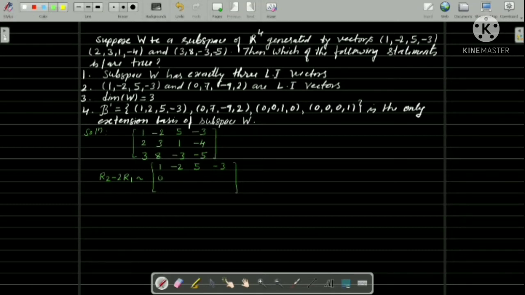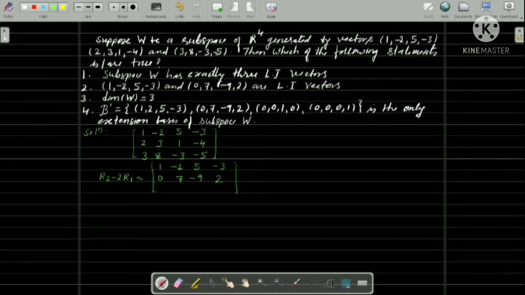So first element 0, then 3 plus 4 is 7, then 1 minus 10 is -9, and then -4 plus 6 is 2.